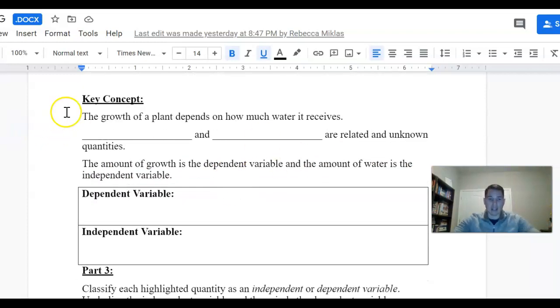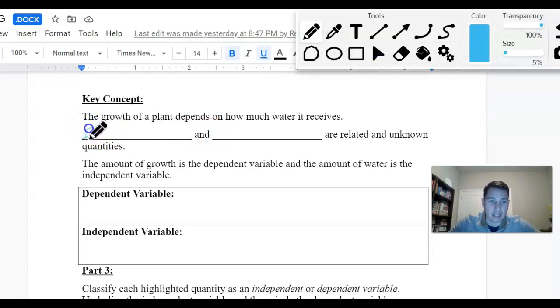Okay, please fill this out here. The growth of a plant depends on how much water it receives, okay? So you have independent and dependent variables that are related in the unknown quantities. So in here we can write independent and dependent, and that is both variables.